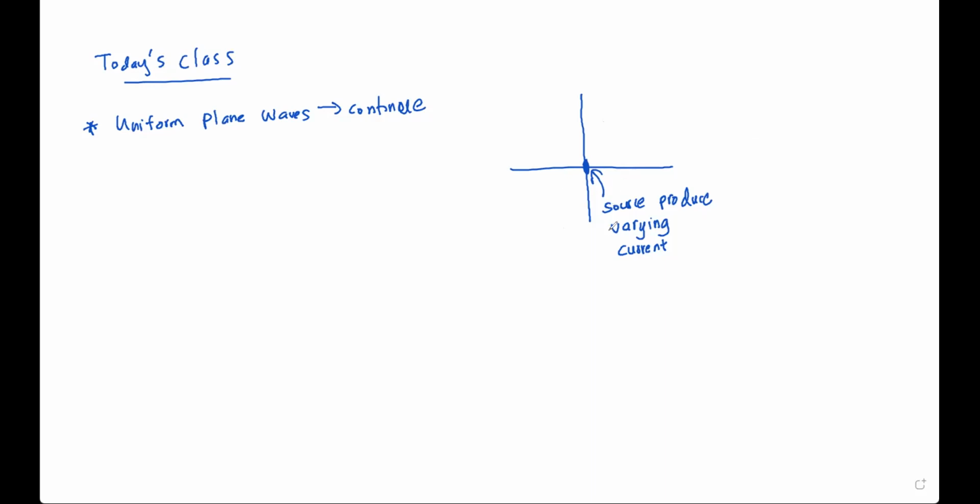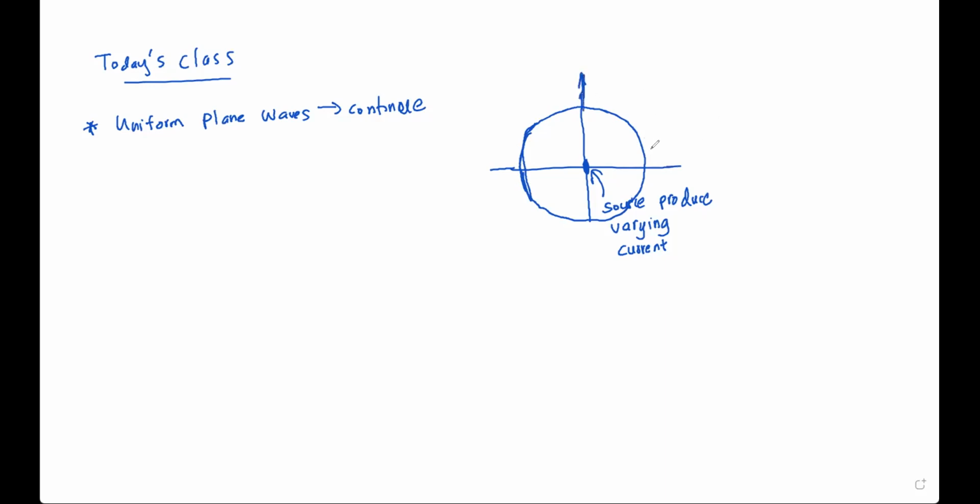Since the source is at this location, the energy of the antenna is propagating in a spherical nature around the source. So we can observe radiation in a spherical manner around the source.